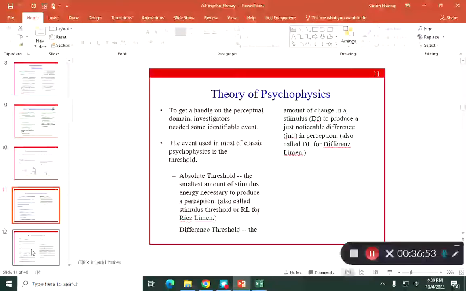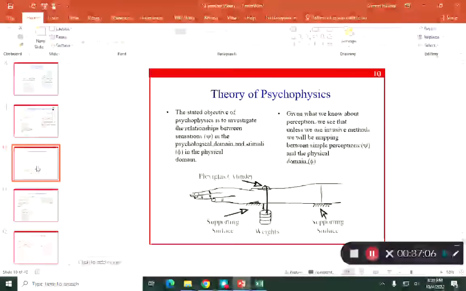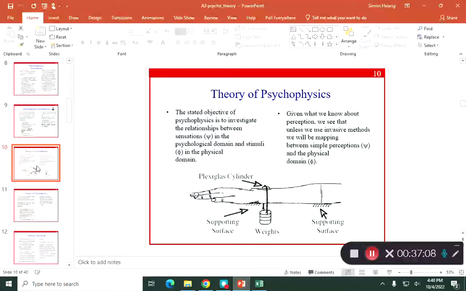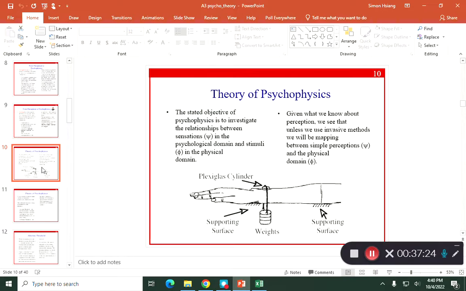So ratio scale is about percentage. But you cannot talk about percentage without the reference of absolute zero. And the people who were very, very good in scaling, or talking about psychophysics, were Germans. At the turn of the 19th century, around the industrial revolution, there were two people, one is Weber, one is Fechner.